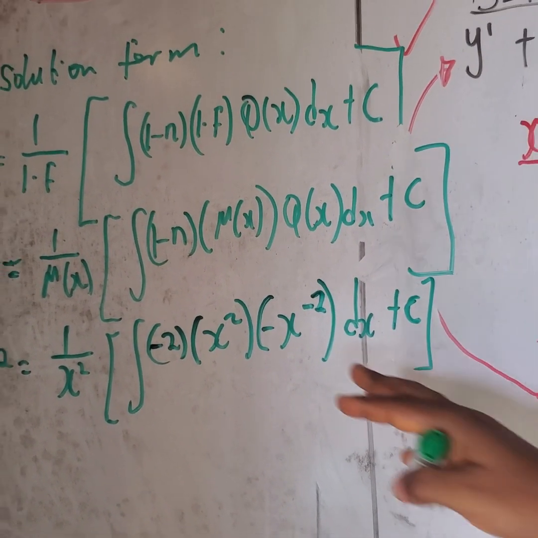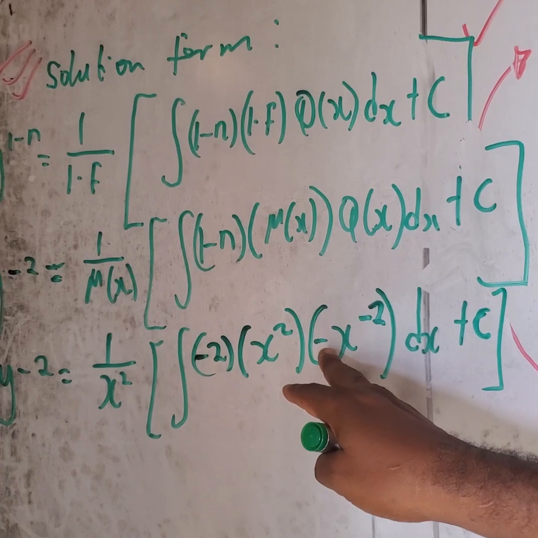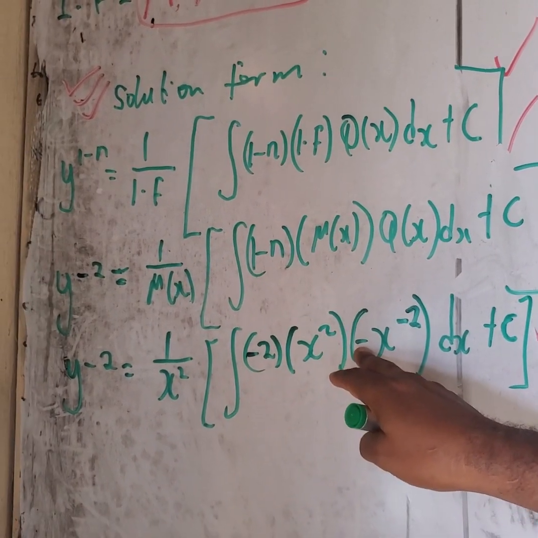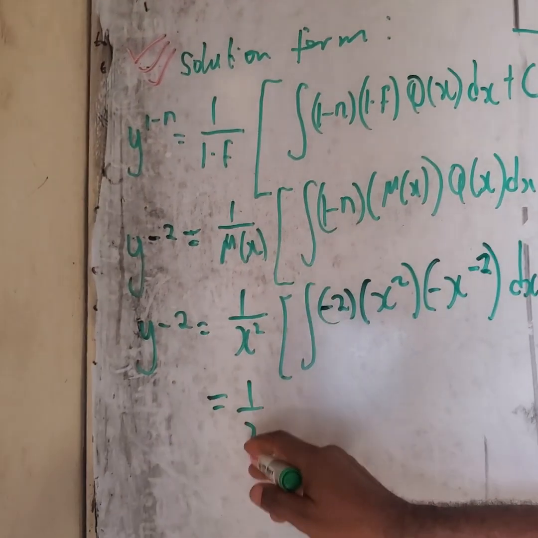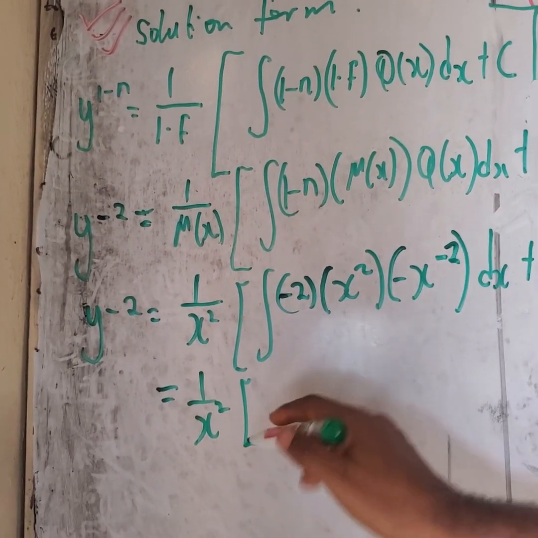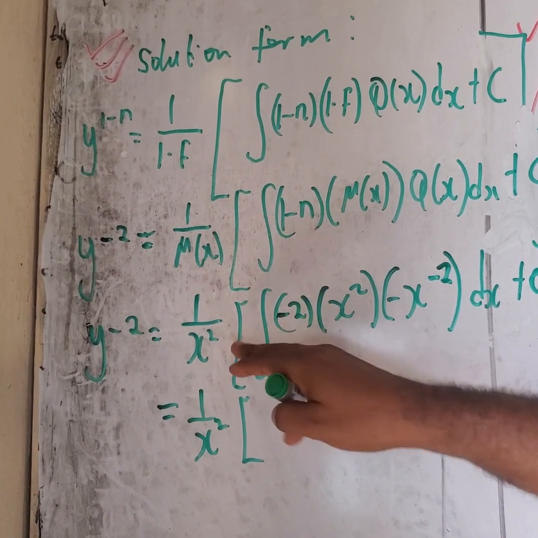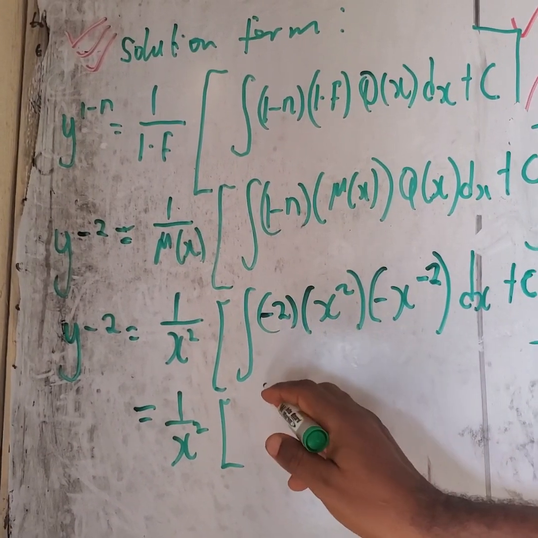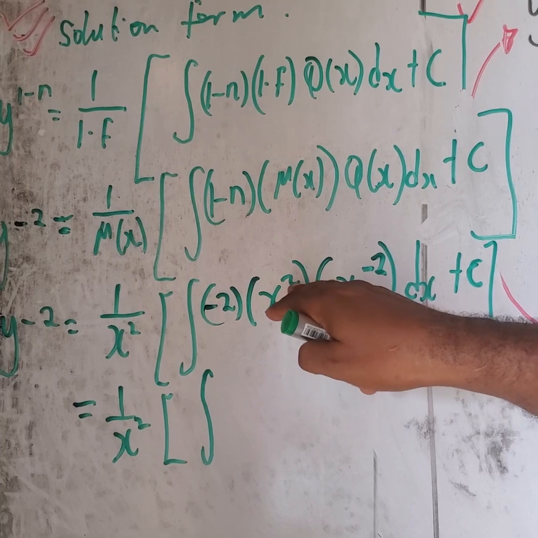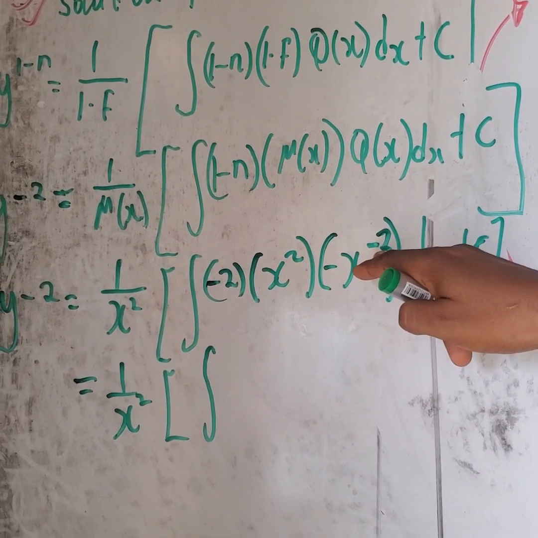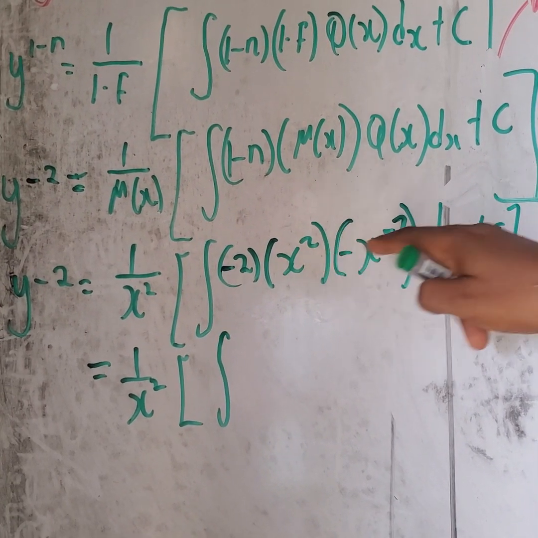Now, if you look at what we have here, minus times minus will give us a plus. So I can have 1 all over x raised to power 2. From the law of indices, x raised to power 2 times x raised to power minus 2 will give us x raised to power 0.